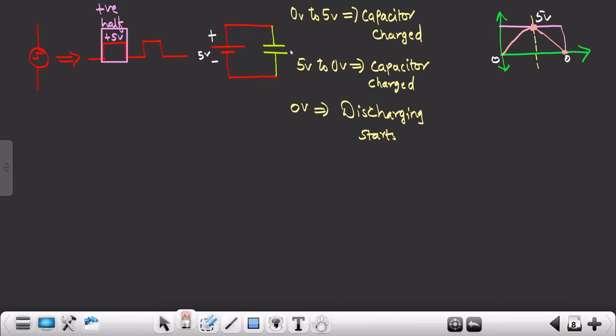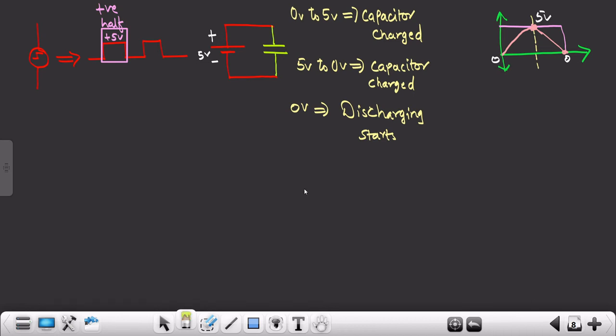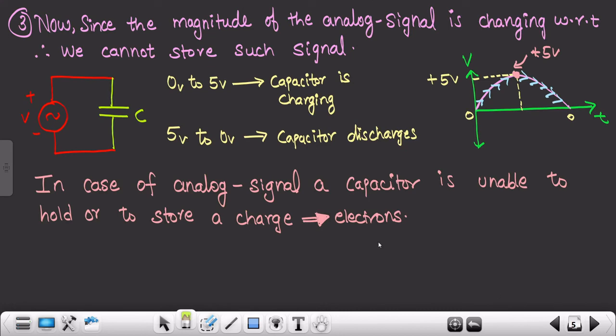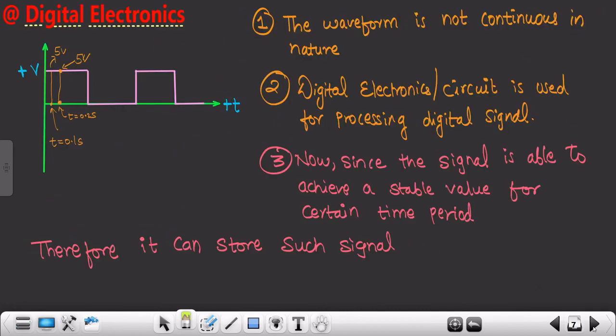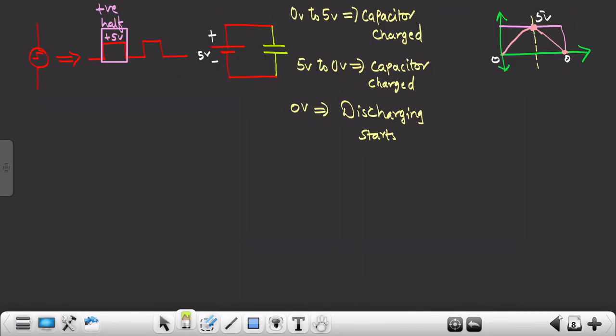So what we can conclude is that in case of an analog signal, the capacitor is unable to hold charge. In case of a digital signal, the capacitor is able to hold charge for a certain instant of time.